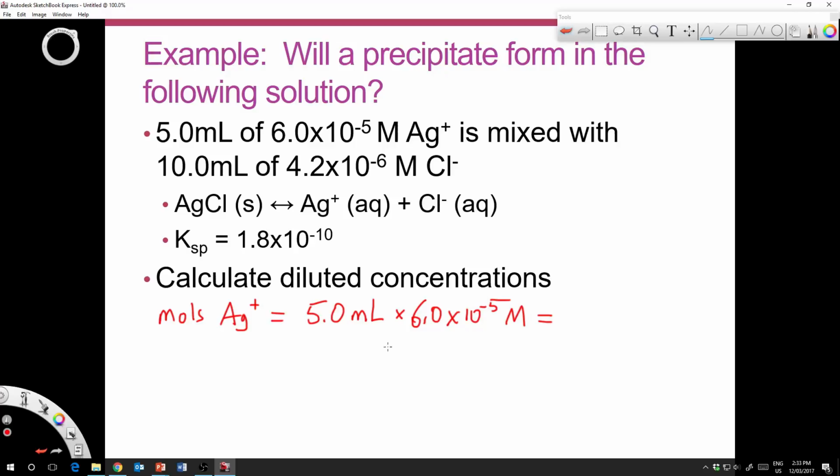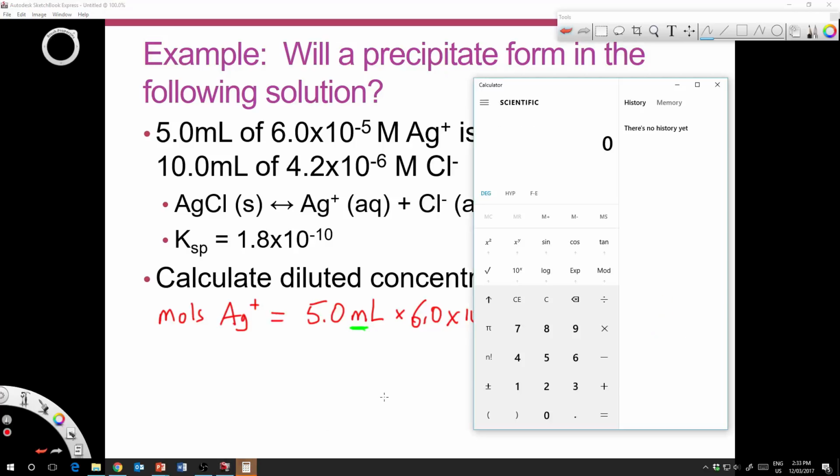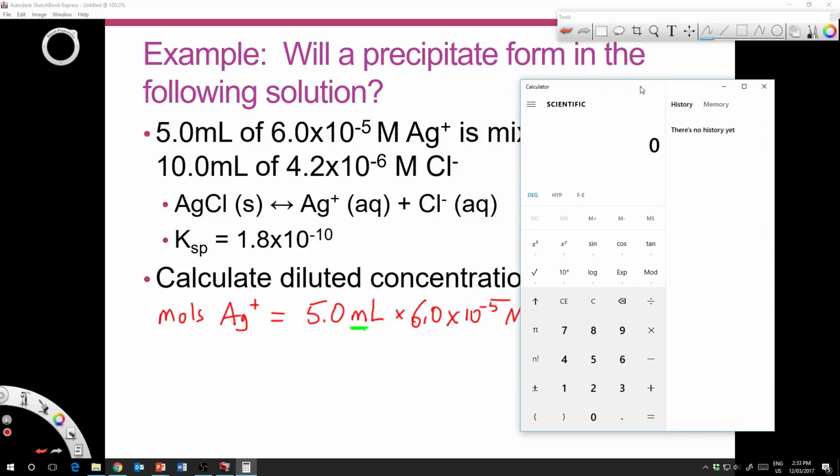If you leave it in milliliters, then the resulting answer, I believe this will be 3.0 times 10 to the negative 4, I think. Just confirm that. So 5 times 6 e negative 5. Yeah, 3 times 10 to the negative 4.